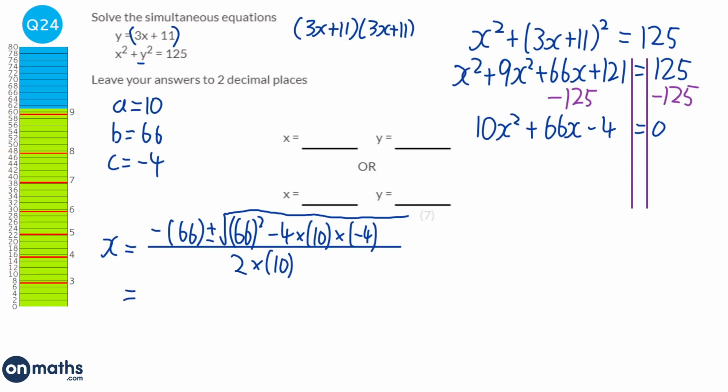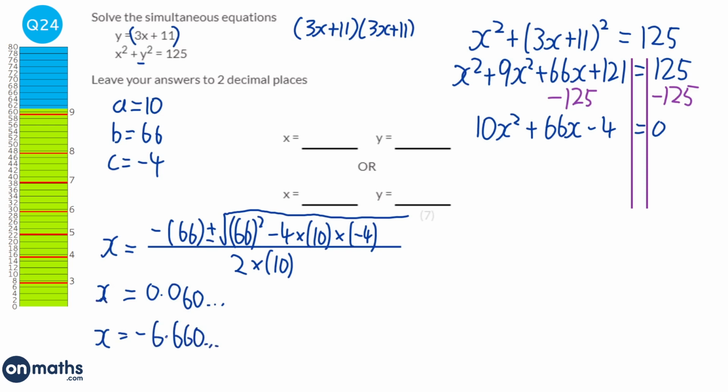When you put that as a plus, then into the calculator we get x equals 0.060 blah blah blah, and when you put a minus there we get the answer of minus 6.660, blah, blah, blah.